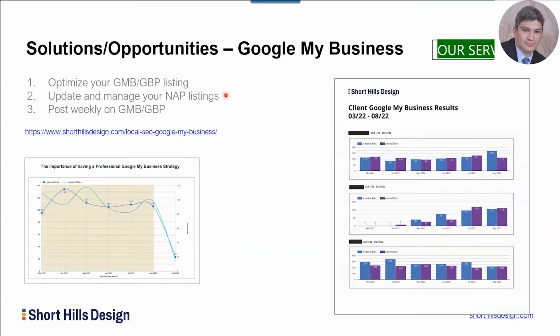So what you want to do is optimize your listing, update and manage your NAP. Your NAP is your name, address, phone number. You can go to our YouTube channel, there are videos about that. Or if you want one, I have it, let me know. But for your NAP listing, you just want to make sure that if you are ABC Legal, LLC, it says ABC Legal LLC on all of your listings.